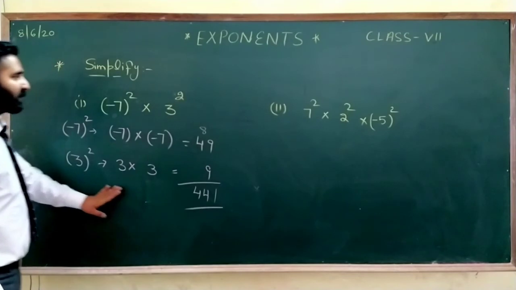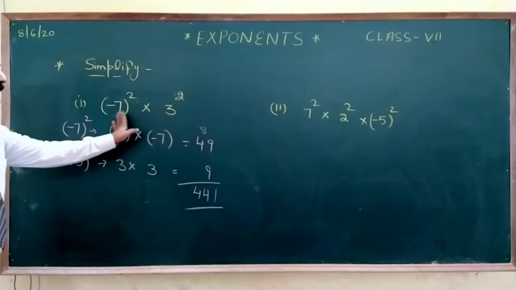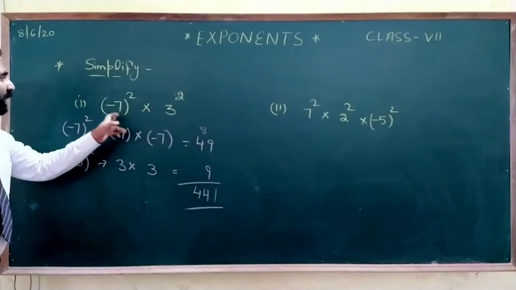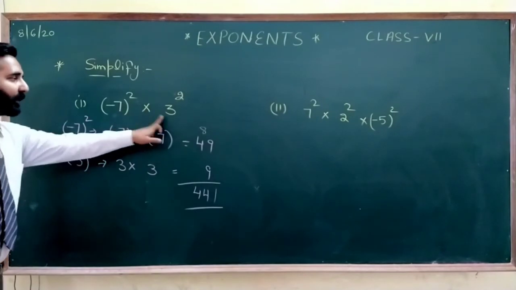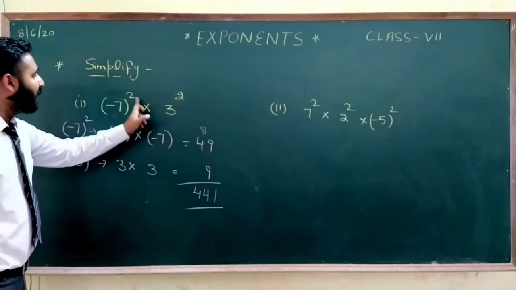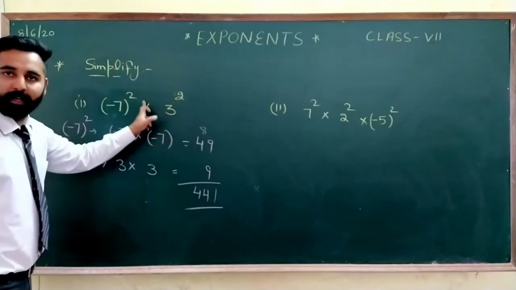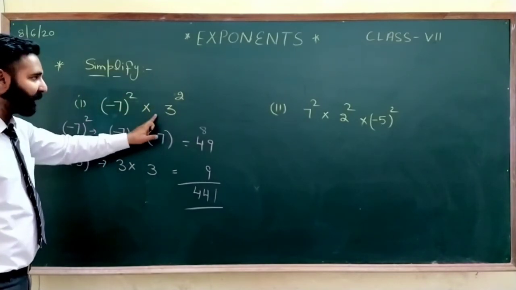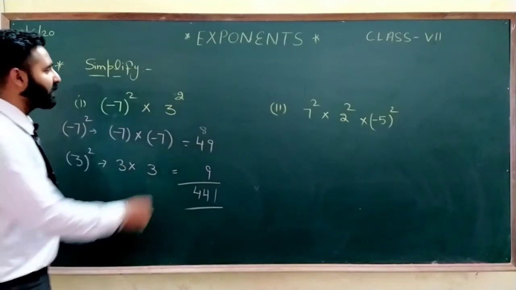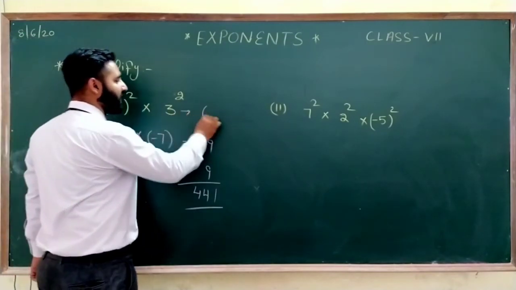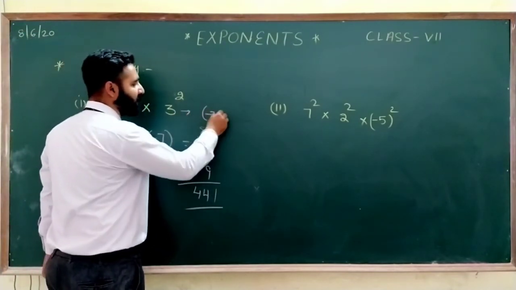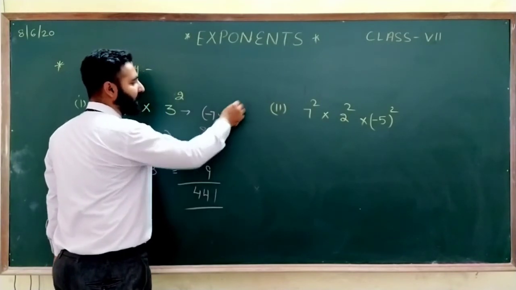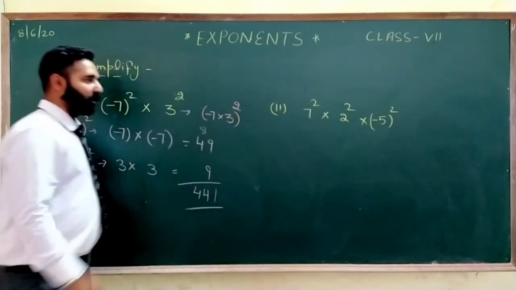One method is this. In the second method, you can use the identity here also. Like the bases are different but the power is the same. So recall the law: bases are different but powers are the same. So you can write it as minus 7 multiplied by 3 and the common power raised to 2.